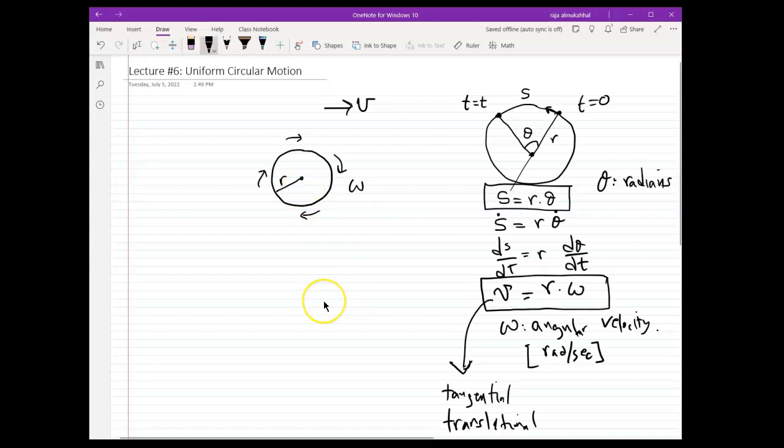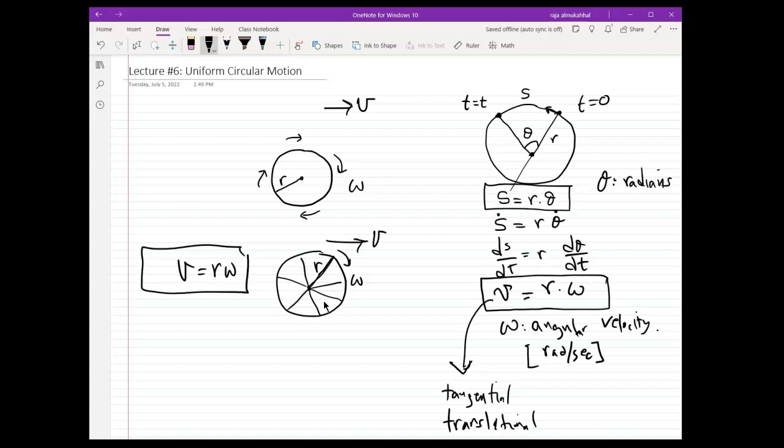We have a bicycle wheel, and these are the spokes. The bicycle wheel spins, so there is the radius of the wheel, r, and the spin, omega, and then we have the forward velocity of the bicycle as a whole. How are the two related? V equals r omega. Very, very important relationship to keep in mind.